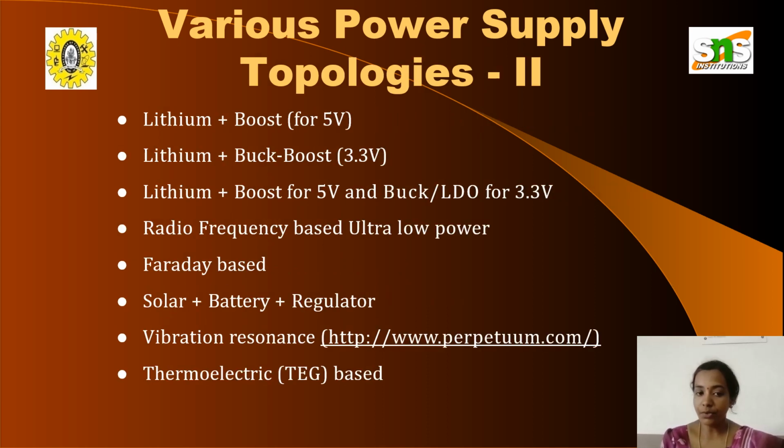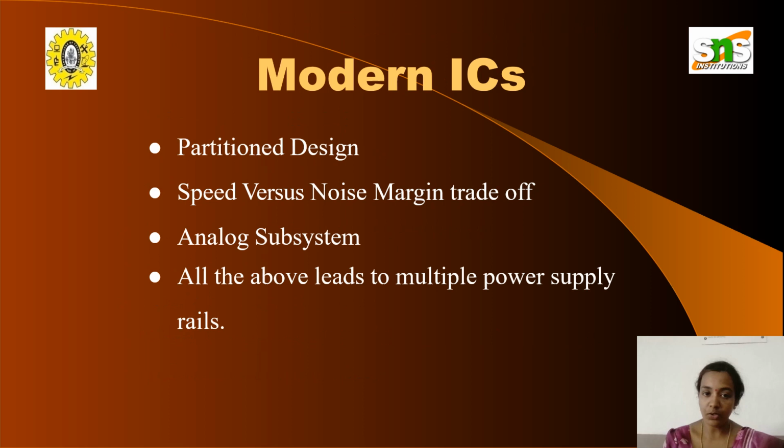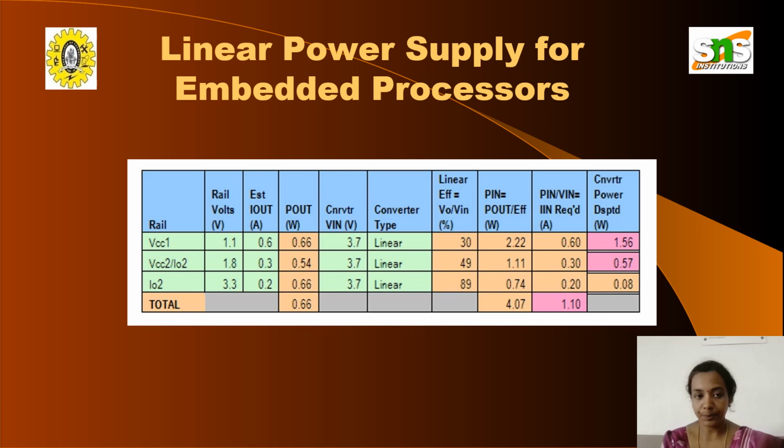Lithium with boost, lithium with buck boost, lithium with boost for 5 volt, radio frequency based ultra low power supply, Faraday based power supply, solar plus battery regulator, and thermoelectric based topologies can also be used. Modern ICs are designed in terms of partitions, speed versus noise margin trade-off, and analog subsystems. All of the above lead to multiple power supply rails.